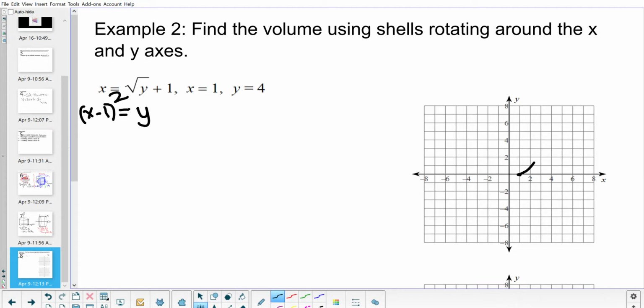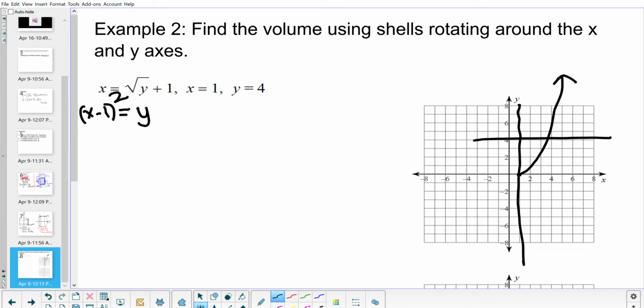Okay, so there's that. And then it's also bounded by x equals 1. So I know then that I don't actually need the other side of the parabola because also we've got x equals 1 and y equals 4. So we're taking this area right here.